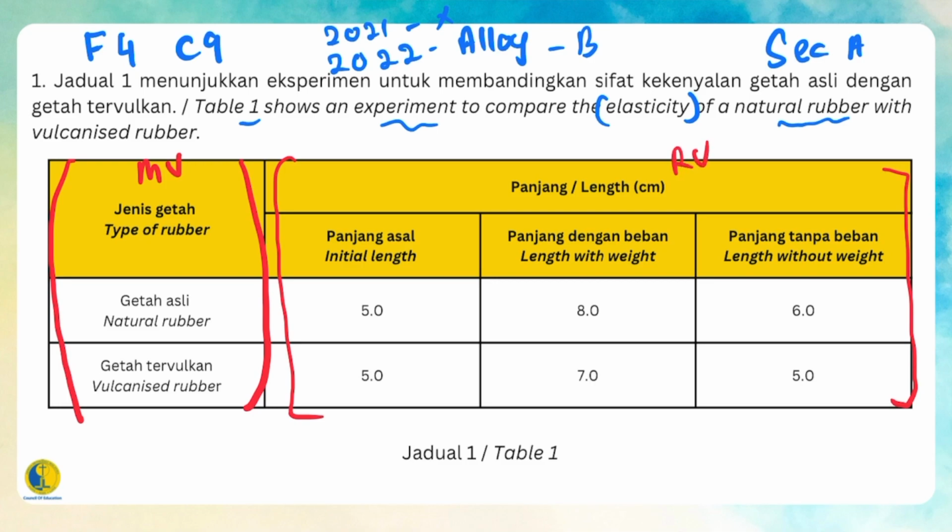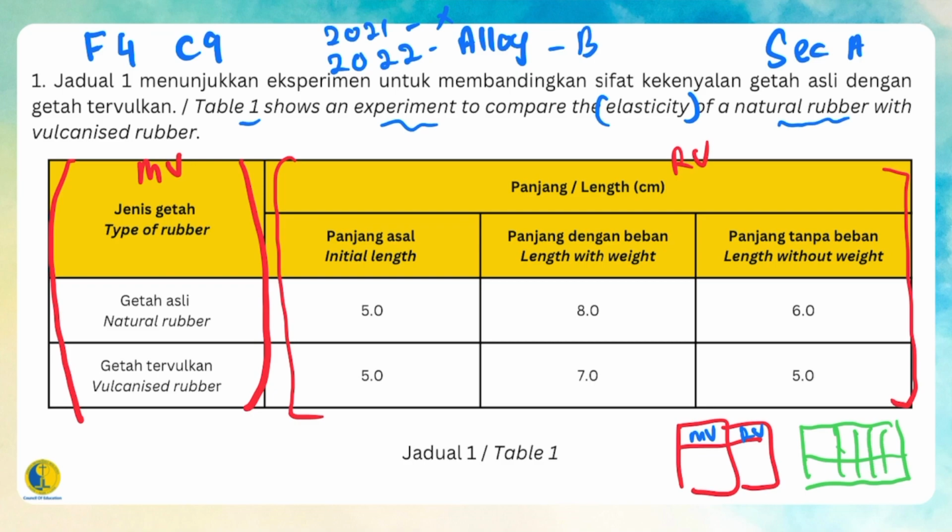What do I mean by row? What do I mean by column? Guys, this is a column. If you are given this type of setup or table, this is the MV and this is your RV, the responding variable.